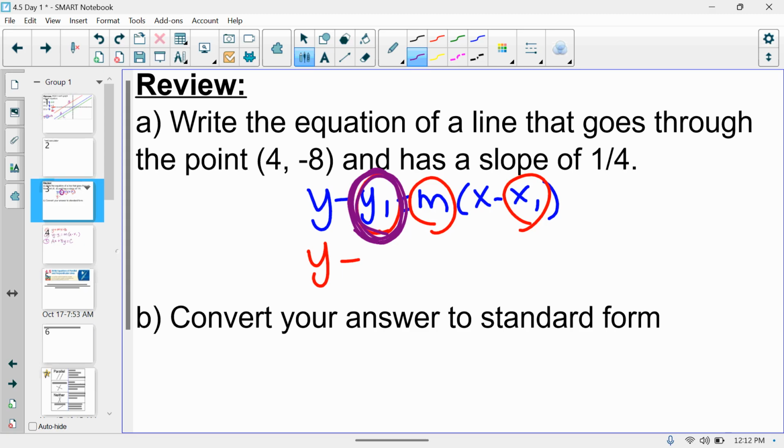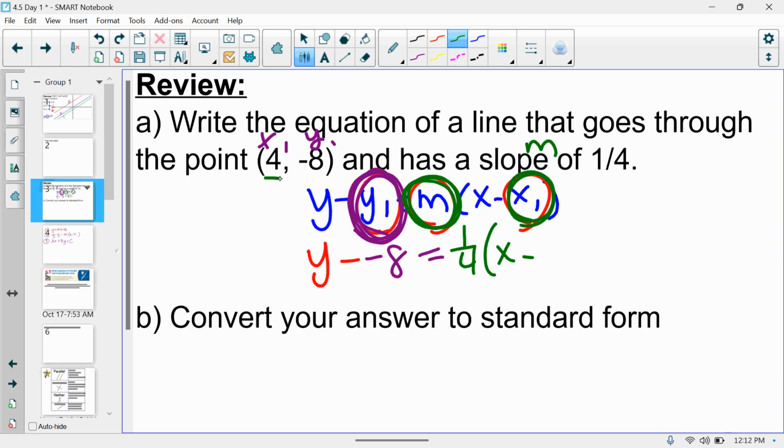Yes, good, because do you guys remember x comes first in an ordered pair, then y? So we need to put the y there, -8. What about right here? Let's see, Anna. Yep, because remember slope is m, so we're going to put 1/4. And then x minus, Lucas, what would I put there? Right here.